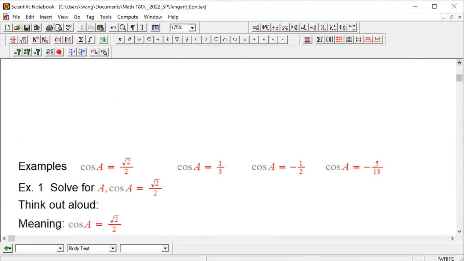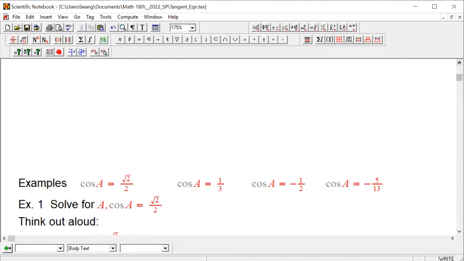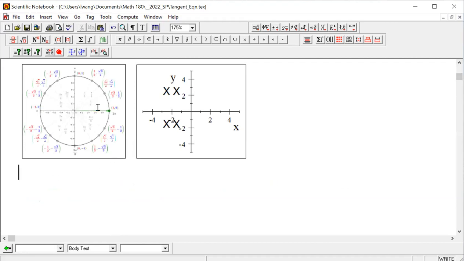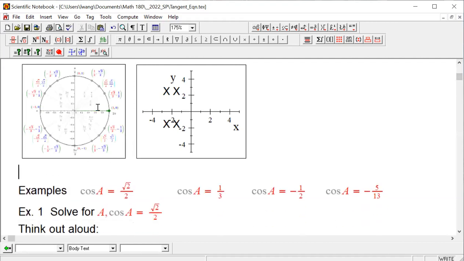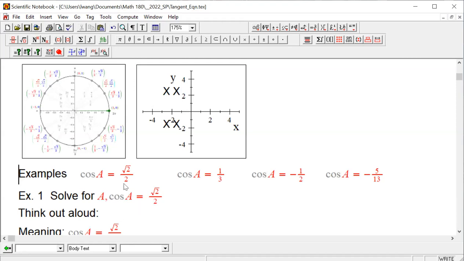So today we're going to solve simple tangent equations. We're still going to be talking about the three methods as we did. But this time we're going to do a special angle for tangent, and then we're going to cover positive values and negative values.